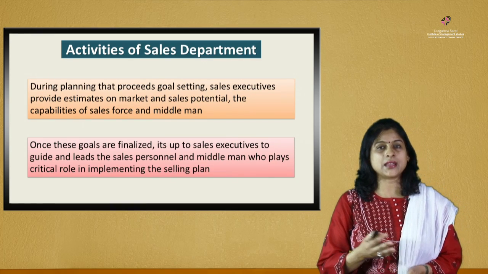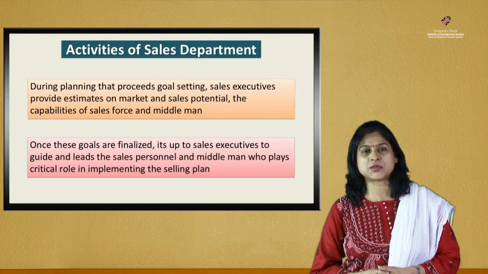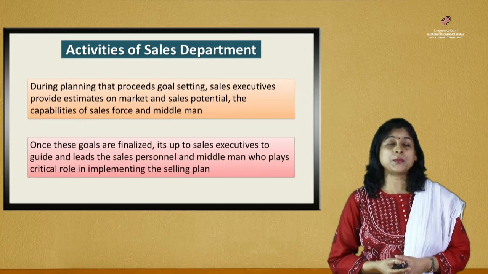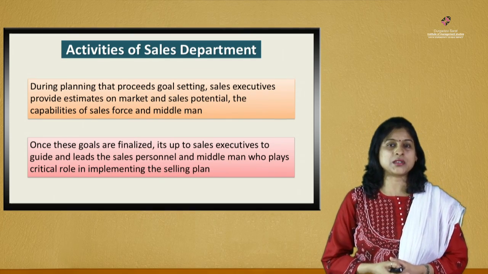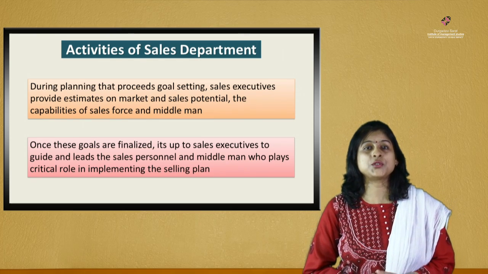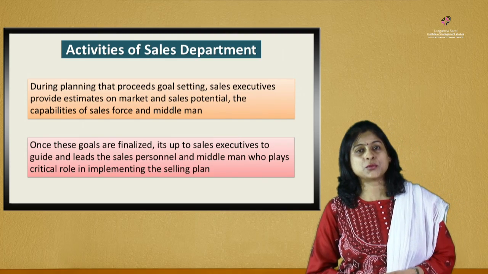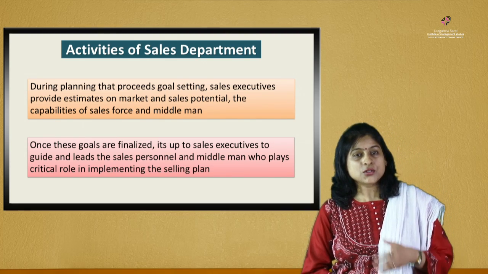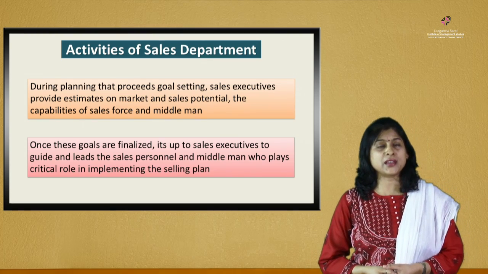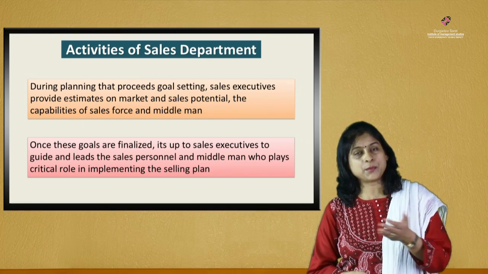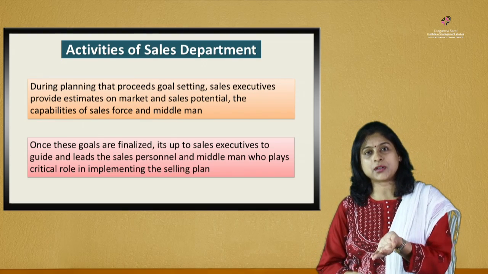Of course, the planning has to be executed in a different format to understand the market and sales potential and the capabilities of the sales force and middleman, because there might be a possibility that the market has the potential, but you yourself, being the sales department, do not have the sales potential. So the sales management activity is to guide and lead the sales personnel who can play a very important and crucial role in implementing all the plans you have made for selling the product or services.